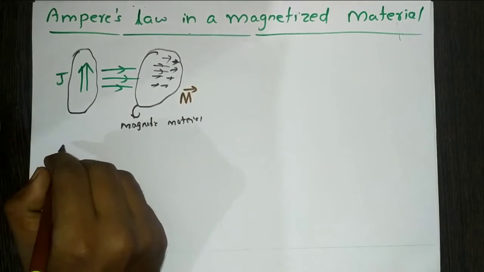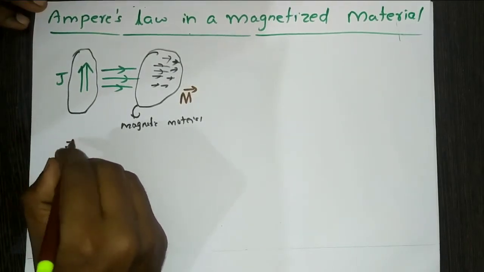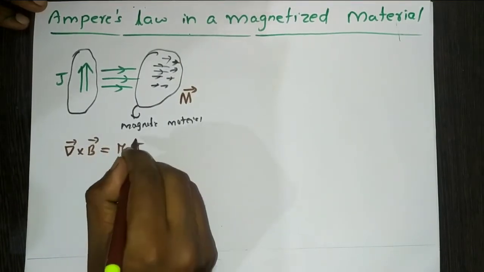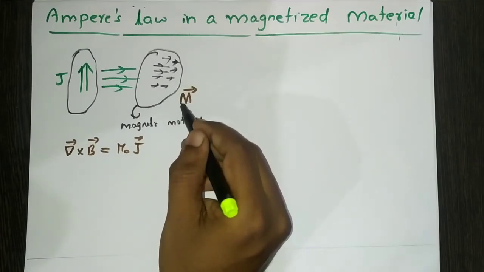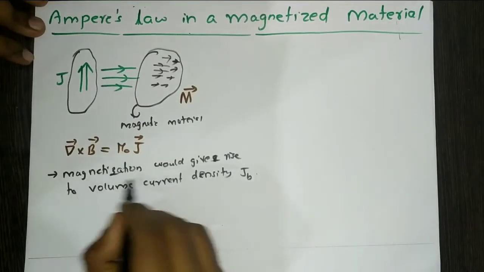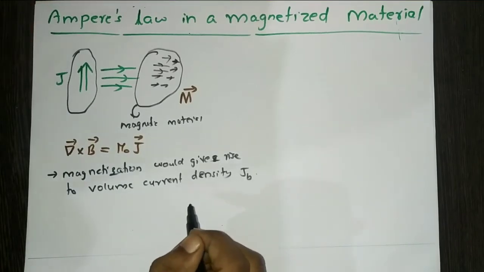In general, we have the equation, that is Ampere's law, del cross B is equal to mu 0 J. In this magnetized material, the magnetization would give rise to a volume bound current density Jb.